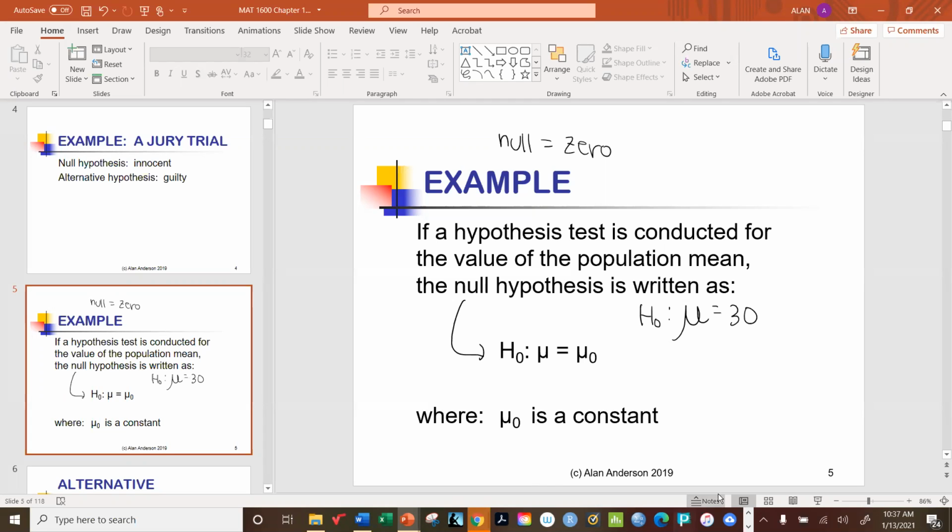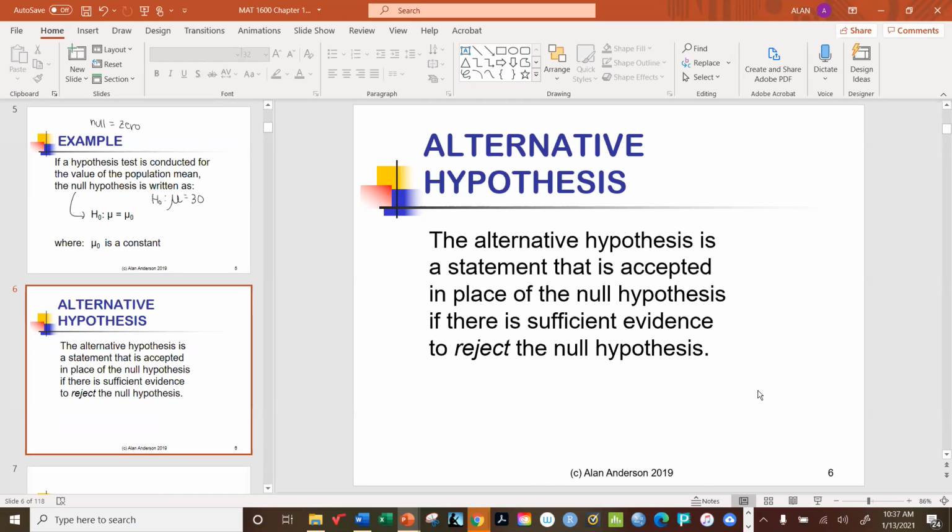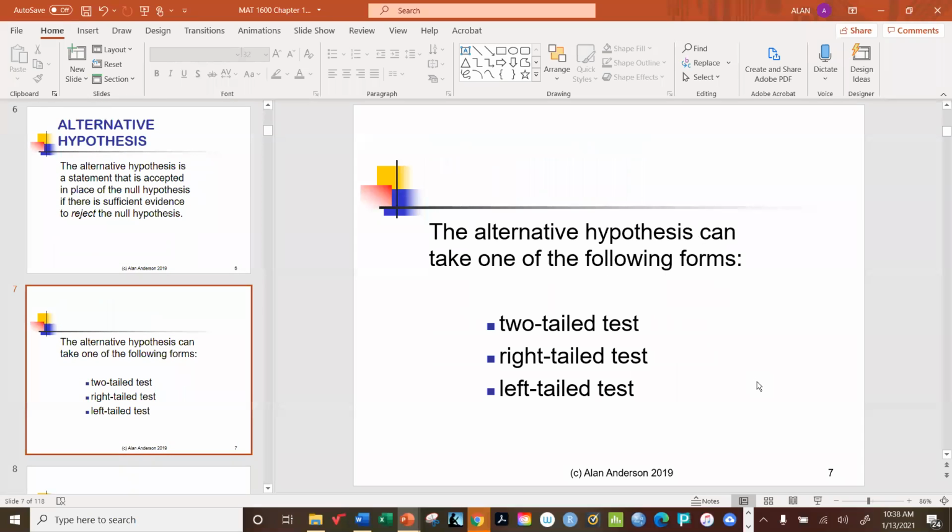Okay, so let's see how that's written. The alternative is the hypothesis that we accept in place of the null if there is enough evidence to reject the null. Like, again, with the trial, if we have a lot of hard evidence that this individual did commit the crime, then we will reject the null and we will convict this person. So the names we'll assign to the 3 possible alternative hypotheses will not make any sense until you see them.